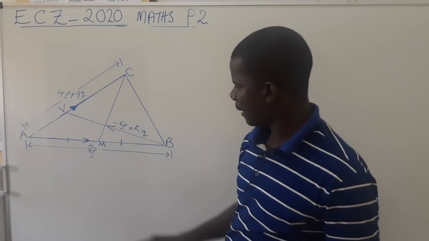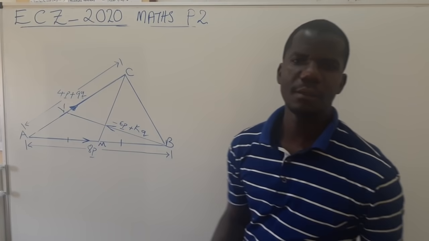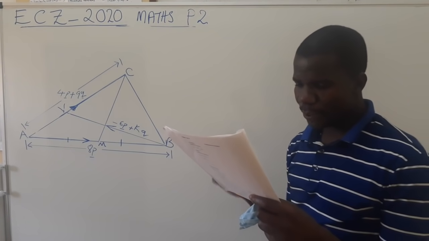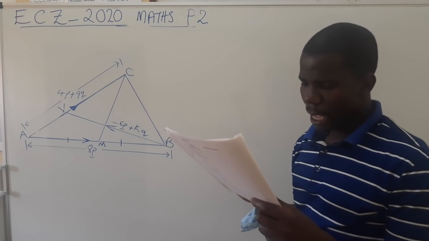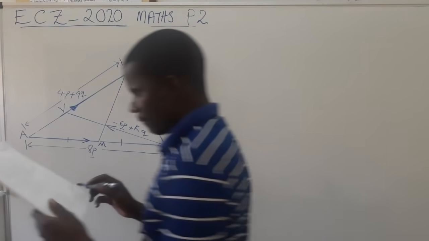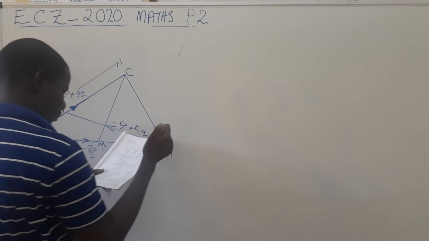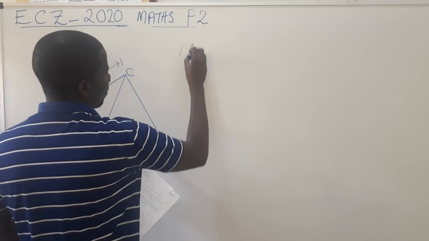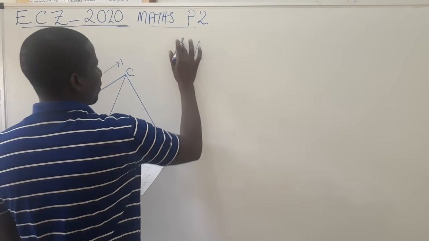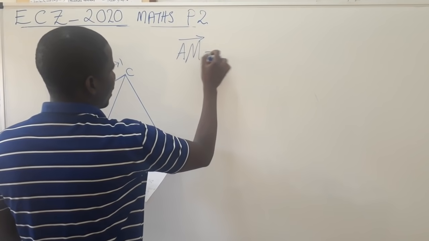And then AM is equal to MB. Then the first question says, express in terms of P, Q, and or K. The first one is to express AM.